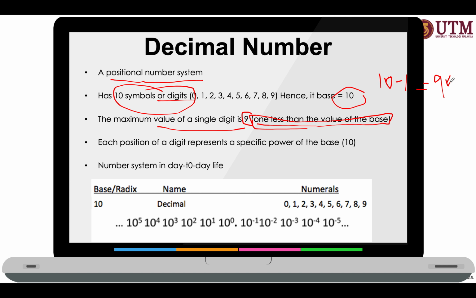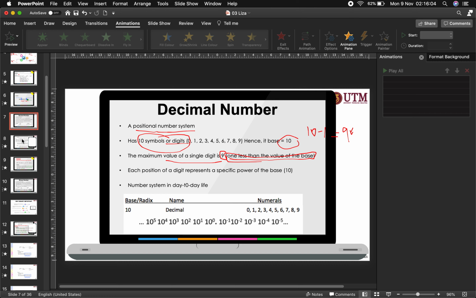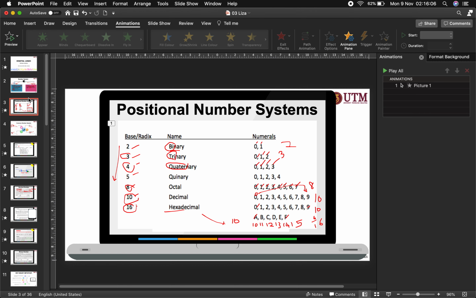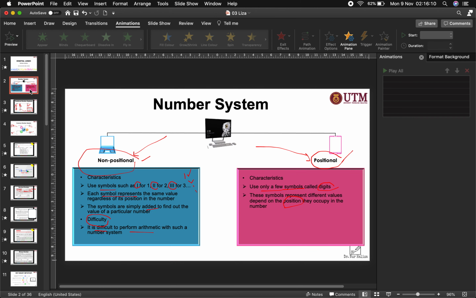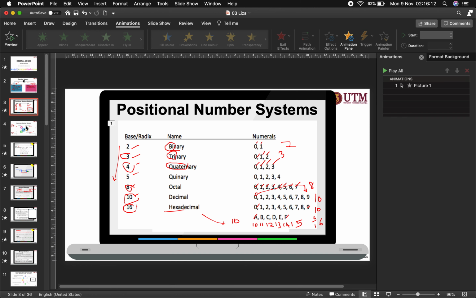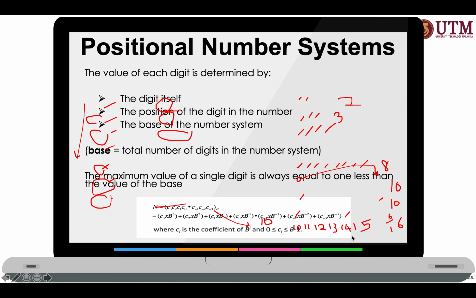If you look into our main slide, in this slide you can see it is mentioned that the maximum value of a single digit is always equal to one less than the value of the base.